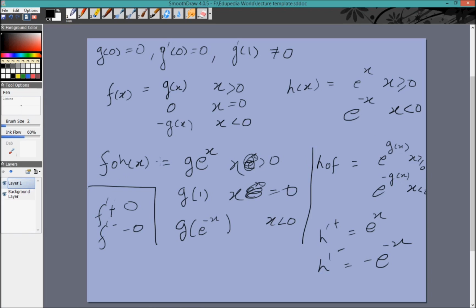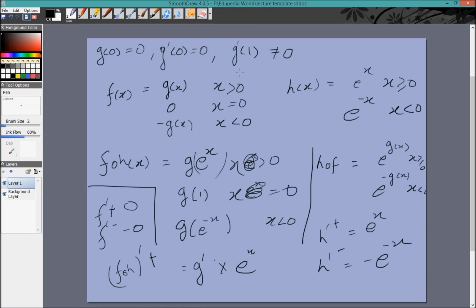Let's look at f of h. If we want (f of h)' on the plus side, that will be the derivative of g of e to the power x. That can be written as g'(e to the power x) multiplied by e to the power x itself, where x is near 0. If x is near 0, this is near 1, and this is g'(e to the power x), that is g'(1).